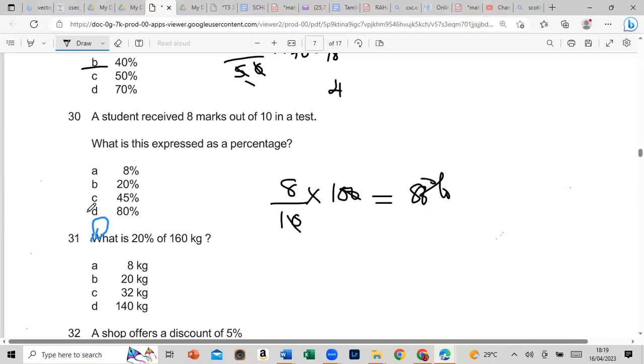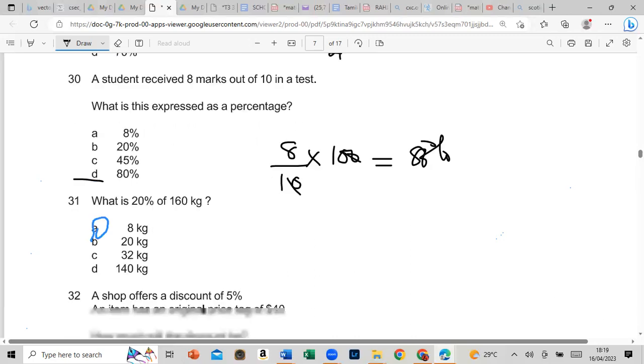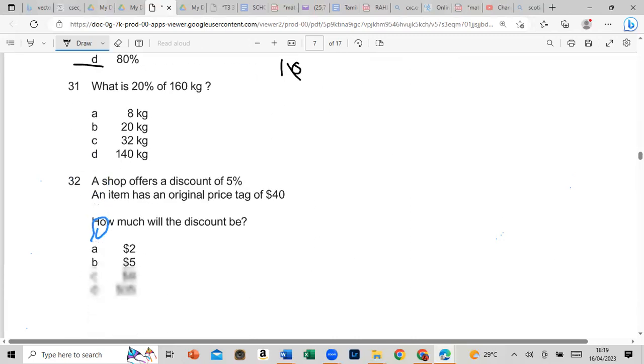Good job. Next one. What is 20% of 160 kilograms?